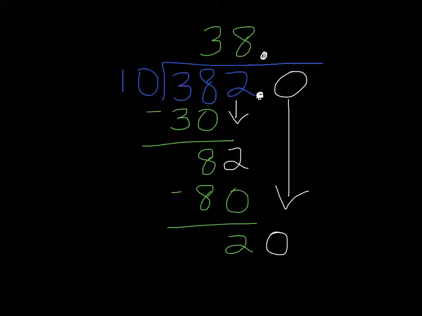Well, again, basic math facts tells us 10 goes into 20 2 times. 2 times 10 is 20. When we subtract that, we're left with a remainder of 0. So in this case, we did have an exact answer of 38 2/10.